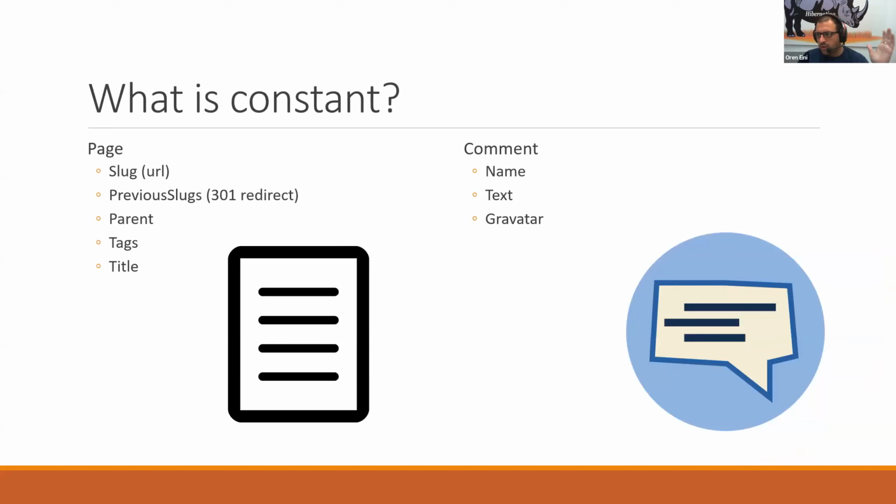Okay. So first of all, let's look at the things that are constant. What do we have? Well, a content management system is going to manage content. And typically we are thinking about it in pages. A page has some fixed properties, title, slug, tags, whatever, where it sits in the hierarchy of the website. And you may have particular sections that are common.